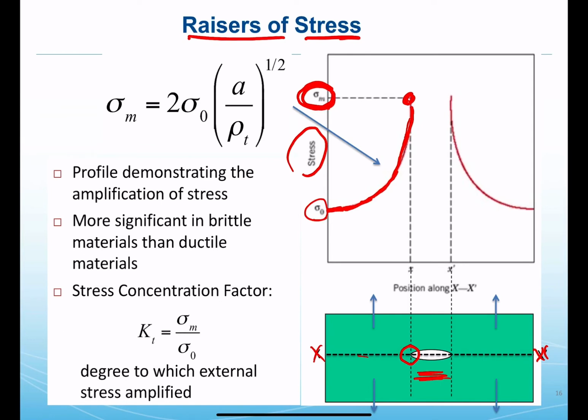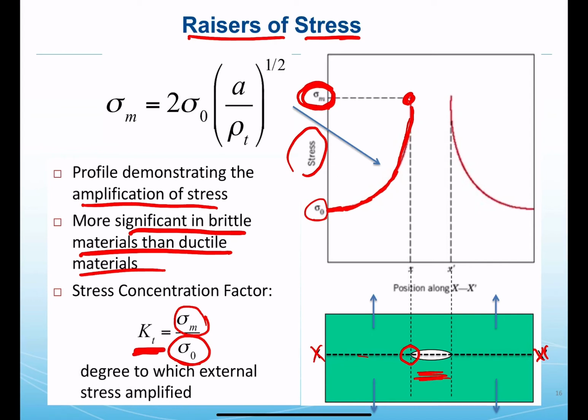Okay, so this shows the amplification of stress. It shows that it's more significant in brittle materials than ductile materials. And we'll see that the stress concentration factor, ultimately the sigma m predicted from the above divided through by the applied stress on the whole object, is kT.